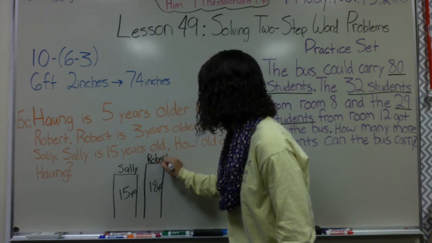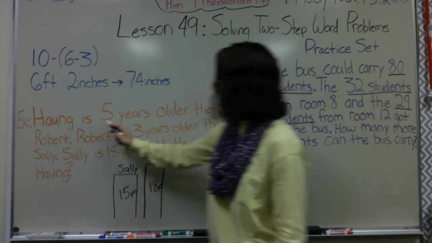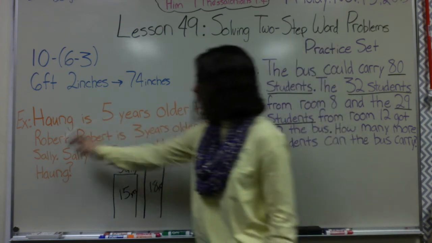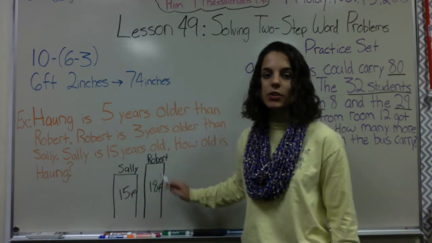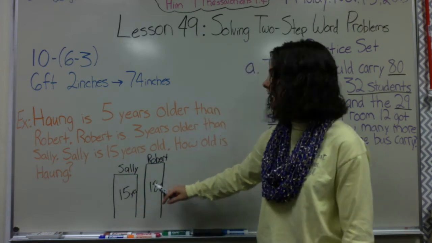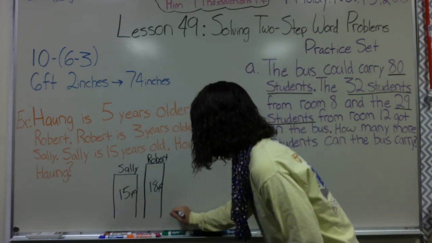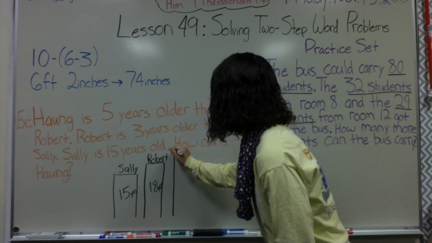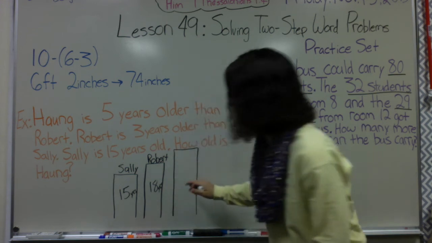So now we can figure out how old Huang is, because Huang is 5 years older than Robert. We know Robert's 18 years old because Sally was 15. So if Robert's 18 and Huang is 5 years older than that, he's going to be slightly taller because more years.